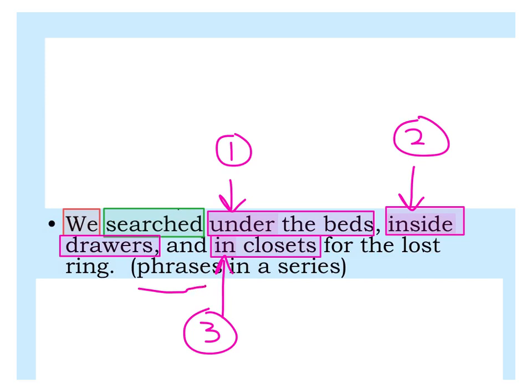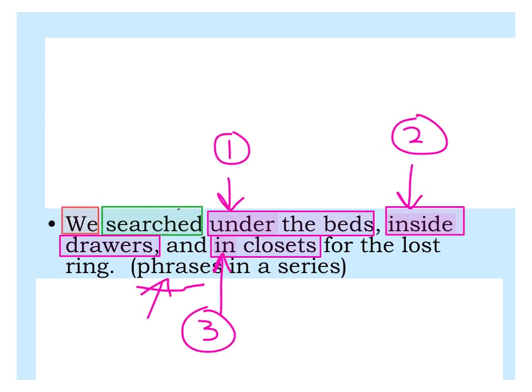You see that word right here, phrases. So we have 1 subject, we have 1 verb, searched, and then we have our 3 phrases. Under the beds, comma, inside the drawers, comma, and then we have our word and then the last one, in closets. So we searched 3 different places.